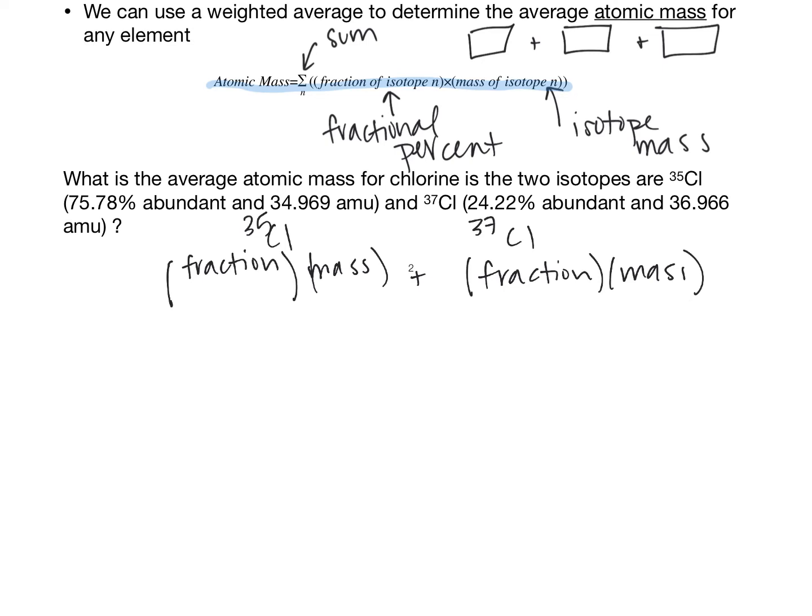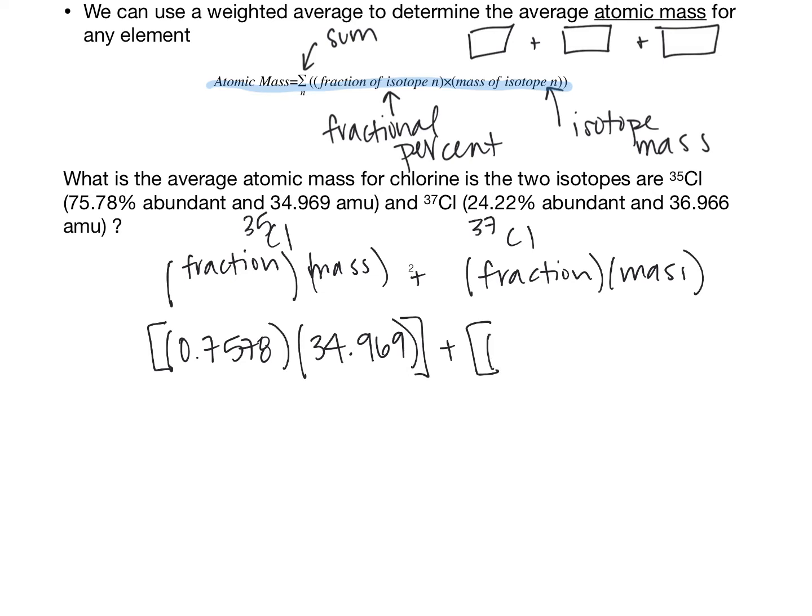The abundance is provided as a percent, so you can just divide that by 100. For chlorine 35, we will have 0.7578 multiplied by 34.969. We're going to add that to the fractional abundance of 0.2422 multiplied by the mass of 36.966.